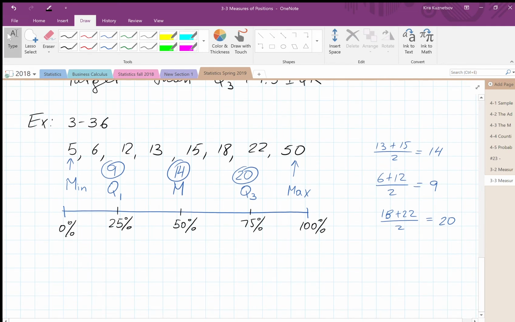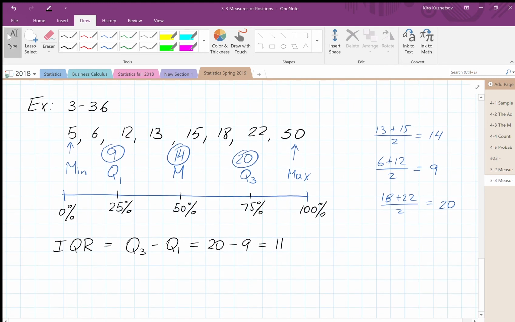Now what I'm interested in is whether this data set has any outliers. So in order for me to do that, I will find the IQR. By definition, IQR is Q3 minus Q1. So I have 20 minus 9, which is 11. What I'm interested in is to find Q1 minus 1.5 times IQR.